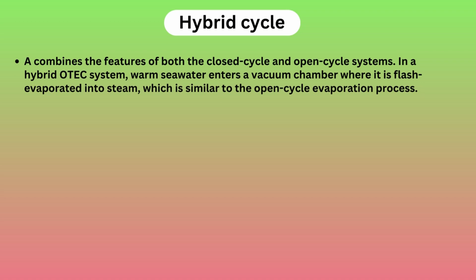Now the hybrid cycle, a combined feature of both the closed cycle and open cycle systems, is available in the case of the hybrid cycle. In a hybrid ocean thermal energy conversion system, warm seawater enters a vacuum chamber where it is flash evaporated into steam, which is very similar to the open cycle evaporation process.